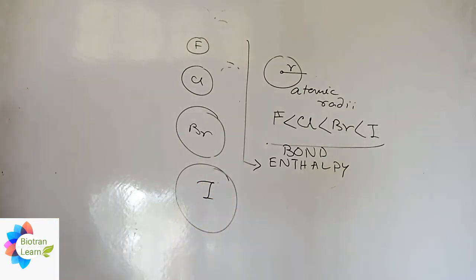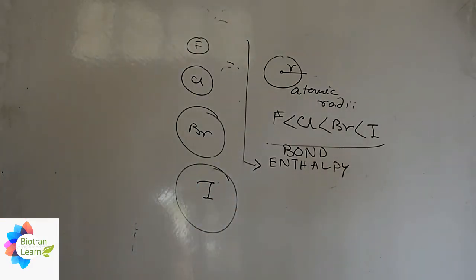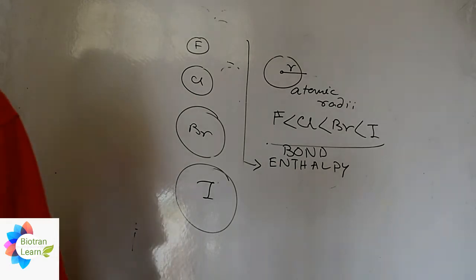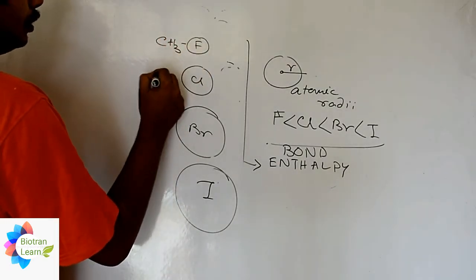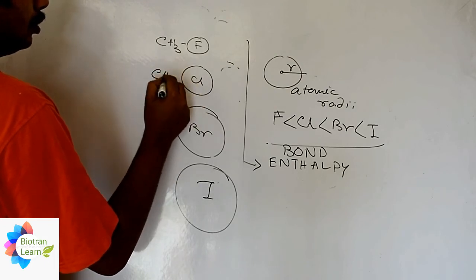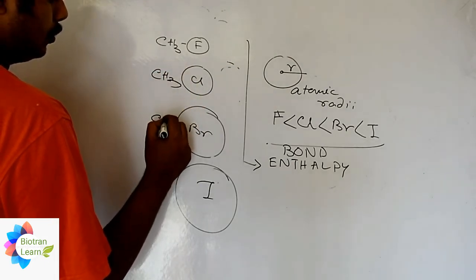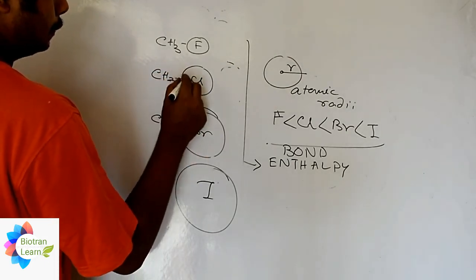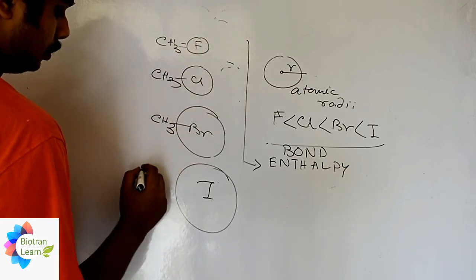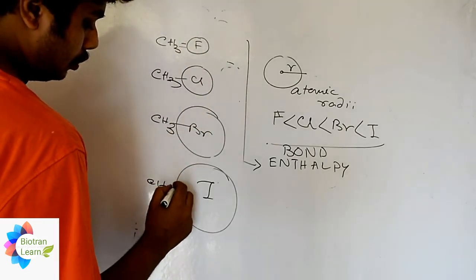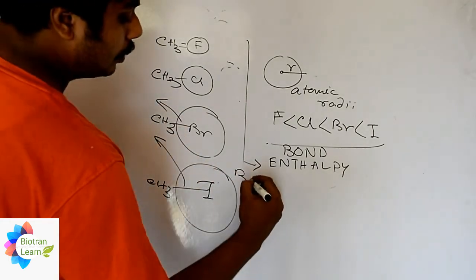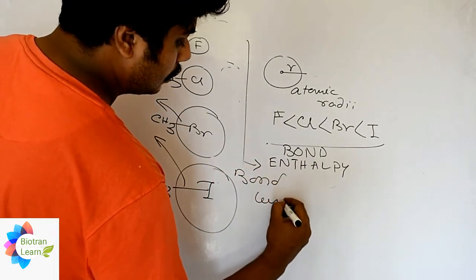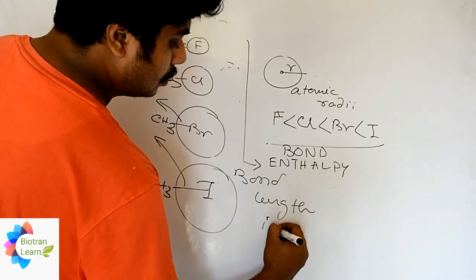In the case of CH3F the bond length is small, and as we move to bromine and then iodine the bond length will increase.